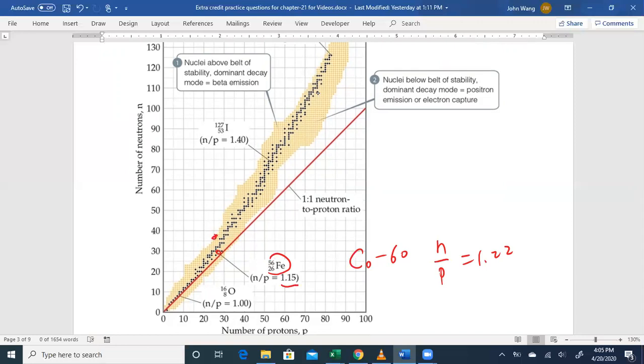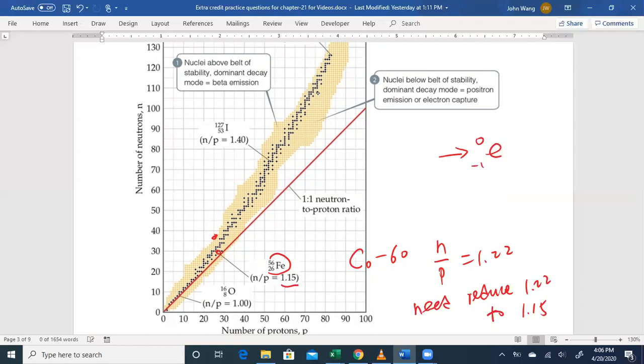So therefore, we need to reduce this 1.22 to somewhere about 1.15. How can we do that? A ratio is a fraction, so you have to think about how to reduce the numerator or increase the denominator. In the so-called beta emission, you think about how we produce a beta particle, a high speed electron.